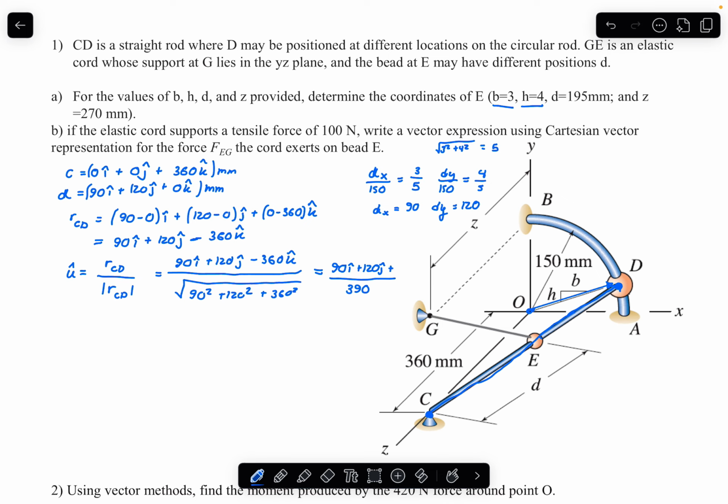Next, what we're going to be doing, we're going to be finding the unit vector, which means we're just going to calculate these values. So 90 over 390.